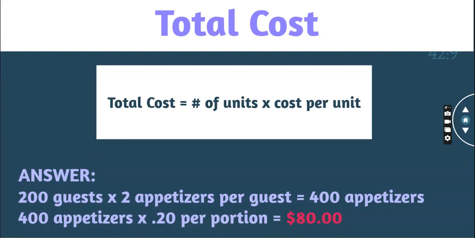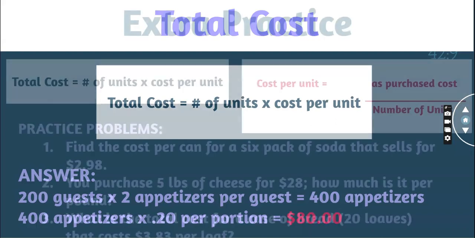You're going to have your 200 guests, and you're going to multiply that by 2 because each guest is going to have 2 appetizers. And so in total, you are going to have 400 appetizers. You take that, multiply it by 20 cents, because that's how much it is per portion, and you're going to get your total cost of $80. All right, so you'll record that in your document.